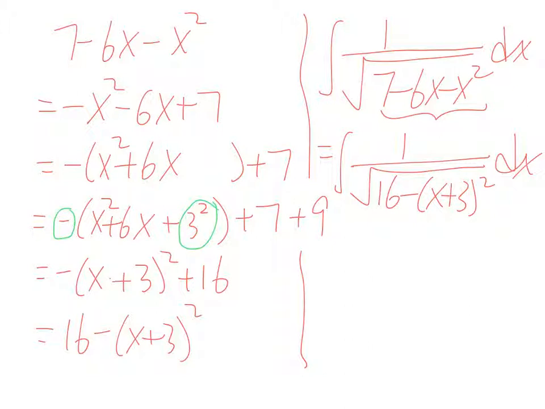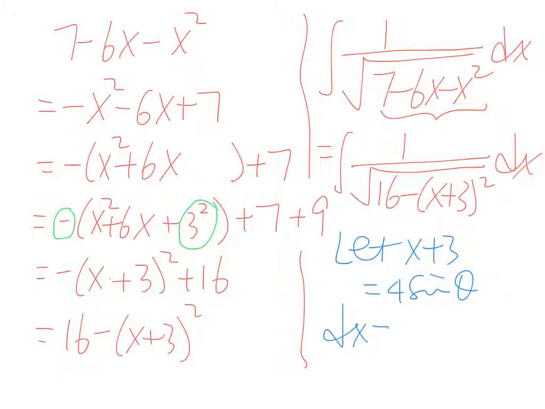Then we can say, let x plus 3 be 4 sine of theta, and the dx is going to be 4 cosine theta d theta, and then we can move on. I hope this helps to understand or to review how we complete the square on quadratic functions.